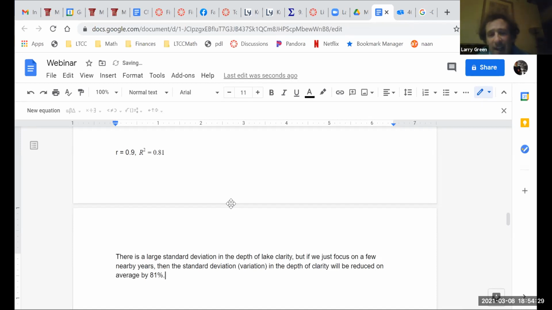Another way of saying it is that 81% of the variation can be explained by the year that you're looking at. That's human caused. Whereas 19% of the variation is due to other causes.